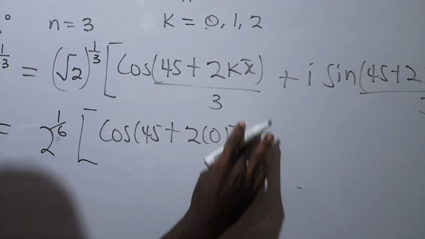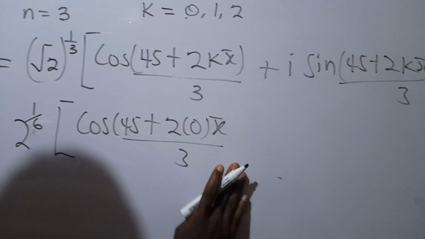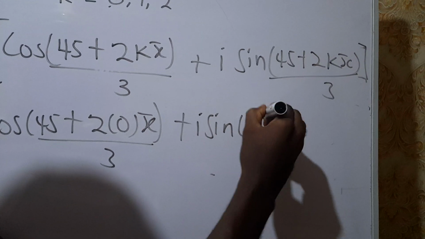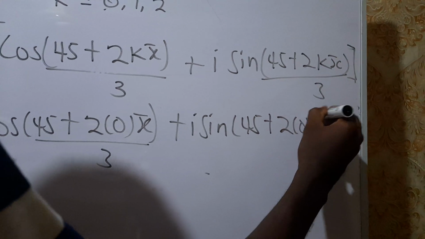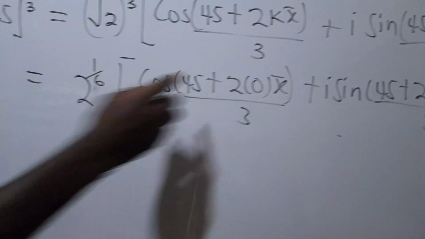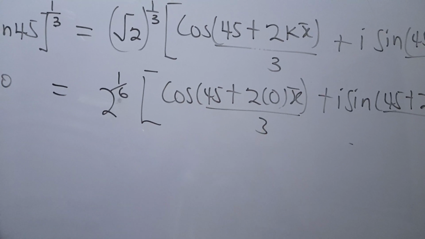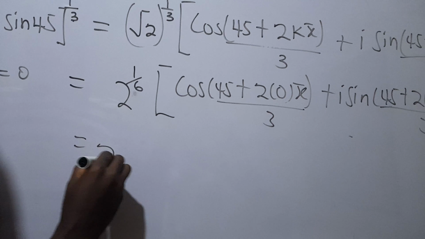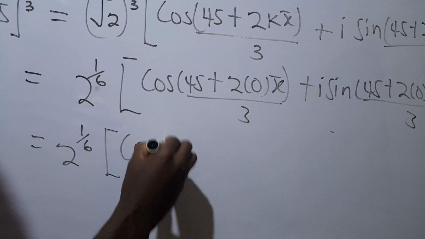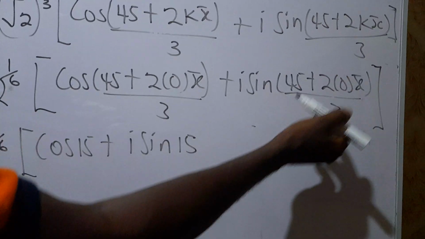Remember, pi is 180 degrees in radian, over 3, plus I sine 45 plus 2 times 0 pi over 3. Now 2 times 0 times pi will be 0, and 45 divided by 3 will just be 15. We will say that 2 exponent 1/6 bracket cos 15 plus I sine 15.